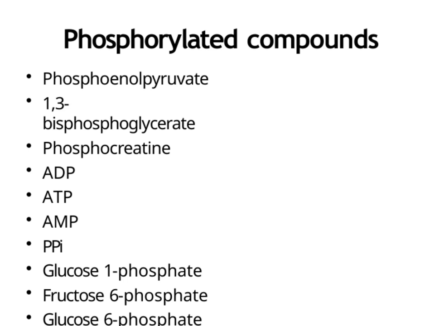On the carbohydrate side, glucose 1-phosphate, fructose 6-phosphate, and glucose 6-phosphate are all key intermediates in carbohydrate metabolism, especially in glycolysis and glycogen synthesis. Lastly, when we refer to phosphorylated compounds overall, we're talking about molecules that contain phosphate groups, which are essential for energy transfer, signal transduction, and metabolic regulation.